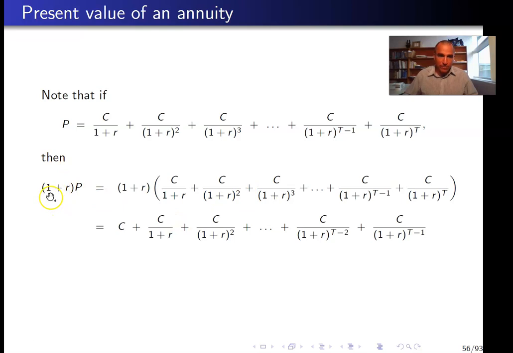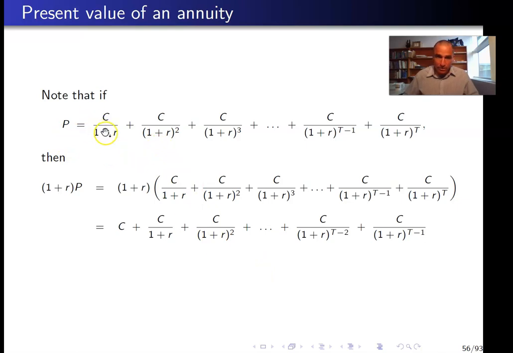So note that (1 plus r) times P is equal to (1 plus r) times the summation. Okay, so here this is the summation, this is the summation. And if I multiply by 1 plus r, the term that is being put to different powers, that gives us C plus C over 1 plus r, and so on. Now these two, (1 plus r) times P and P, have many terms in common.